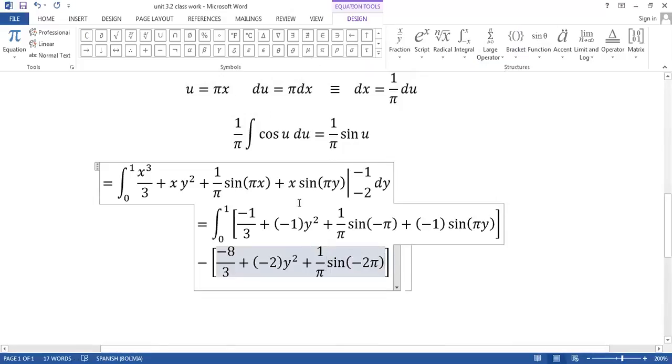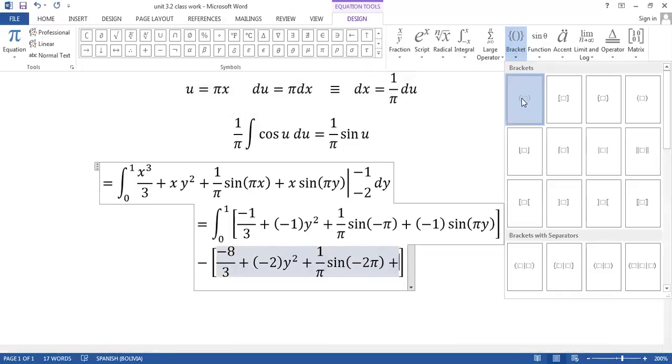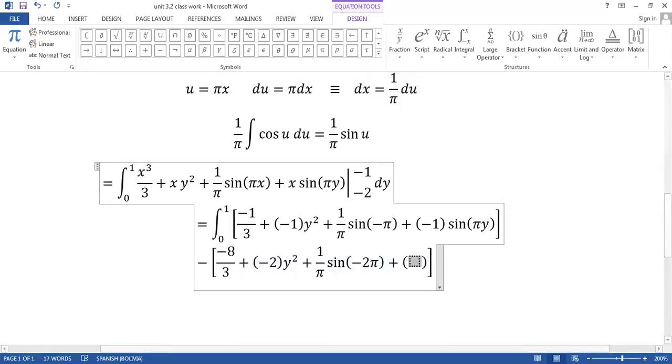Okay, and then the last term is plus, and my x is -2. So let me put in parentheses. I'm putting my -2, sine of that.